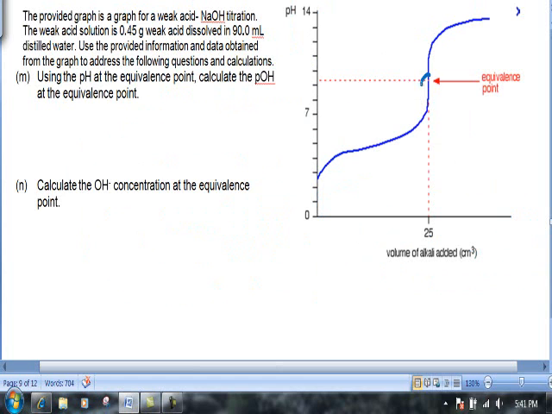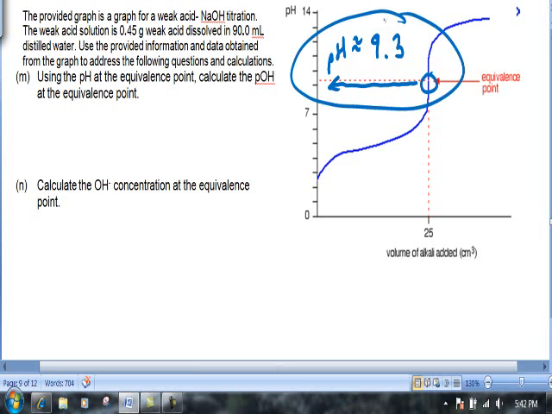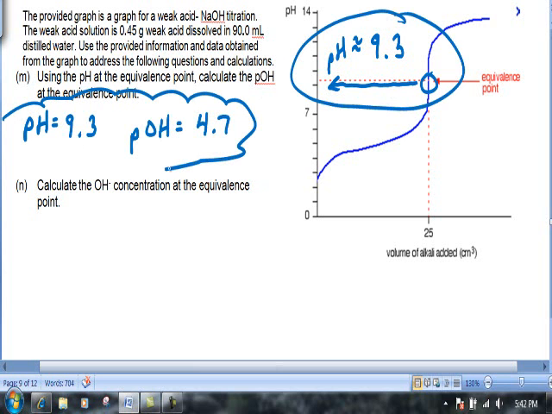At our equivalence point, if we extend over to our axis, it looks like our pH at the equivalence point is roughly about 9.3. If we know the pH is 9.3 at the equivalence point, our pOH would then be 4.7 at the equivalence point.